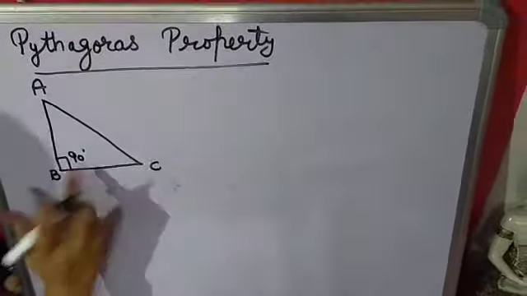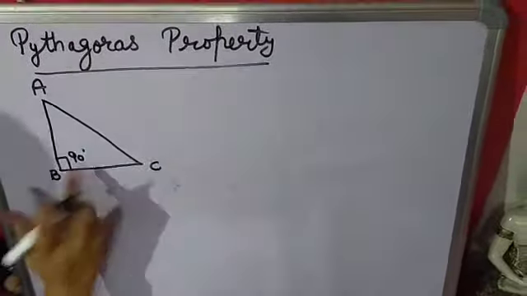Now in this property there are names of the sides. Okay? First of all, this side is called base and this side is called perpendicular, or another name is height.